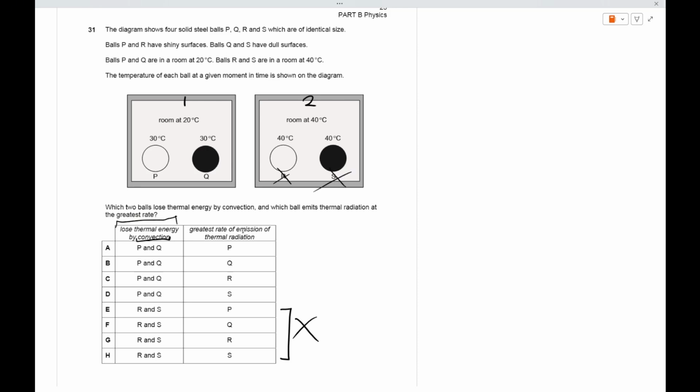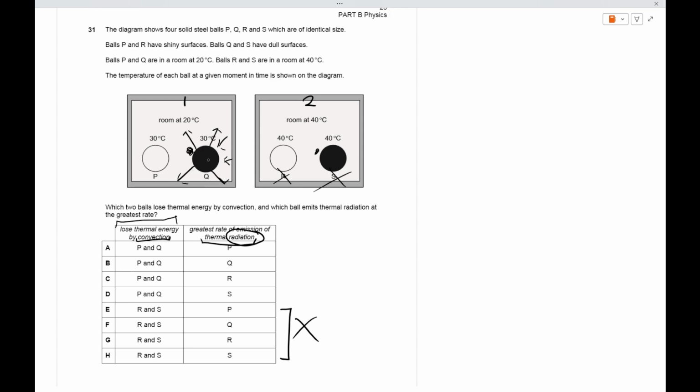Now what we have to do is look at the greatest rate of emission by thermal radiation. Radiation is the key thing here. The first thing to notice is that black bodies absorb the most radiation, but they also emit the most. That's how black bodies work.